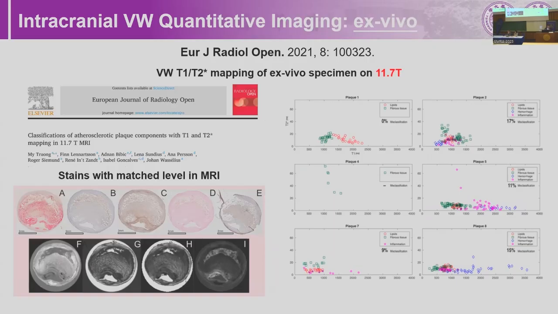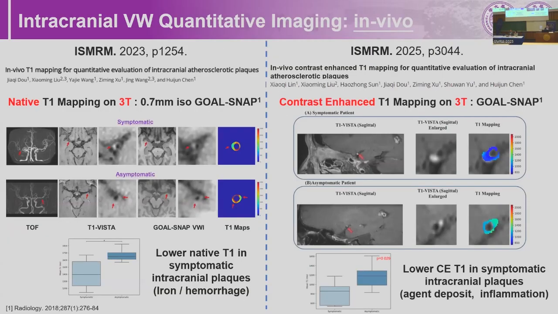It's not as simple as we usually see, just a thickening or a little higher signal. They can identify different plaque components.